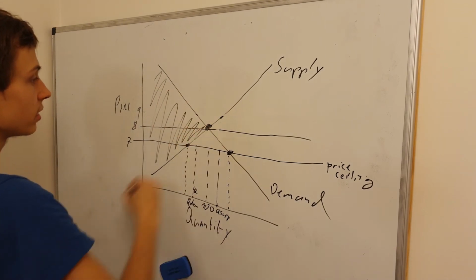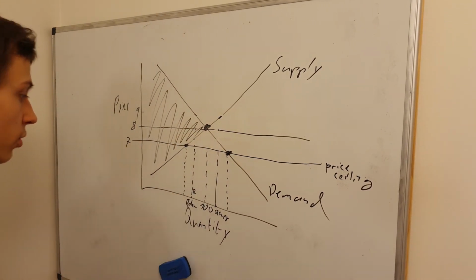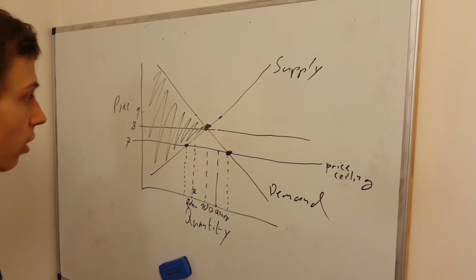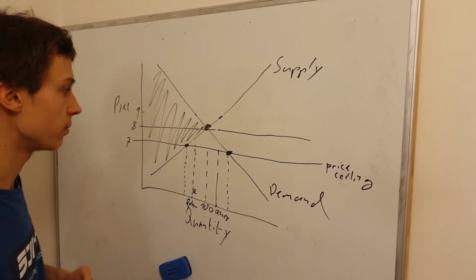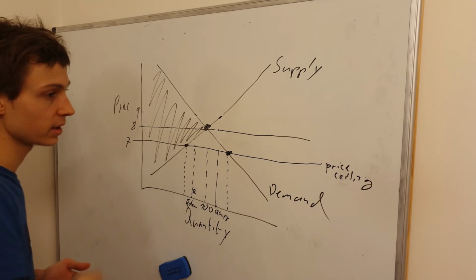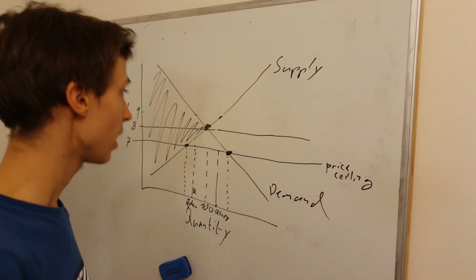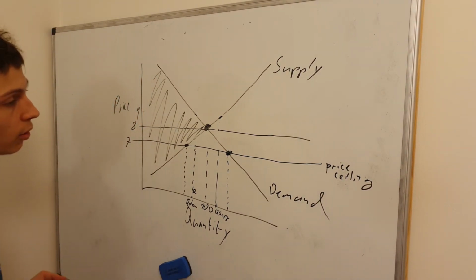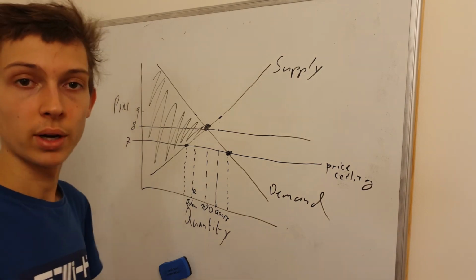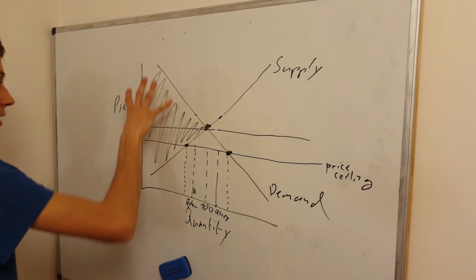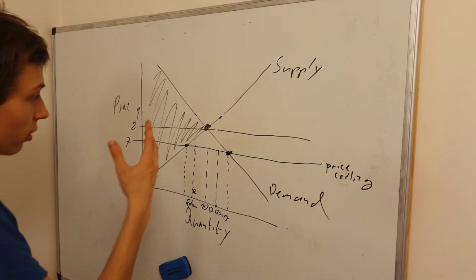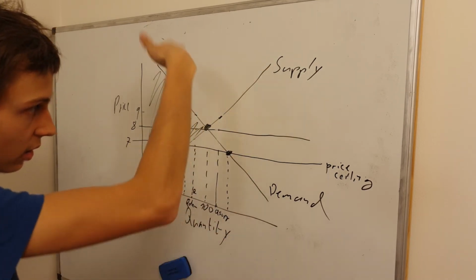Okay, this is the happiness. Producers are getting a higher price than they would be willing to be paid, and consumers are buying for a lower price than they would be willing to pay for it. So this is the total surplus before the announcement of a price ceiling or price floor.